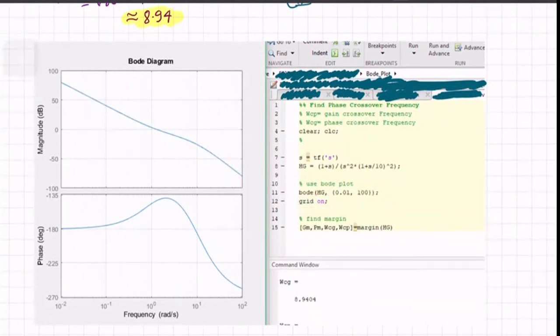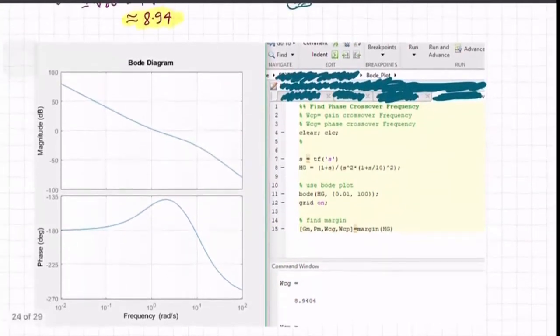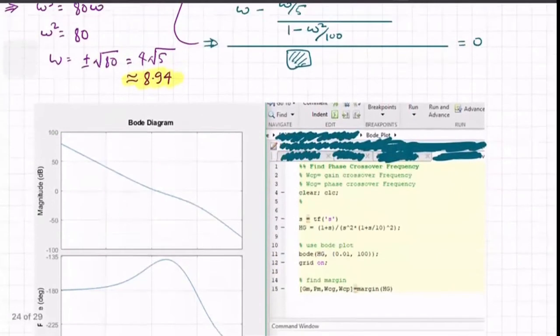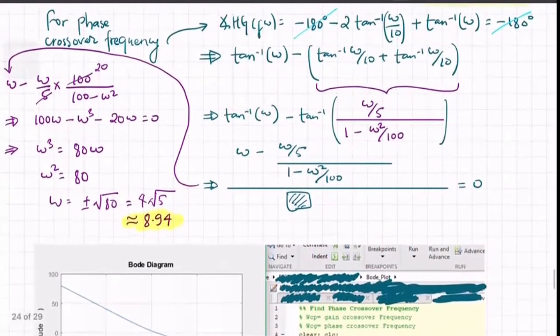And the cool thing about MATLAB is I can simply type WCG for the margin function, and that would give me the phase crossover frequency. So this is how we find the phase crossover frequency, both by hand and by MATLAB.